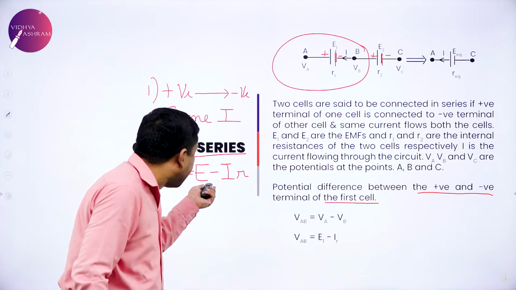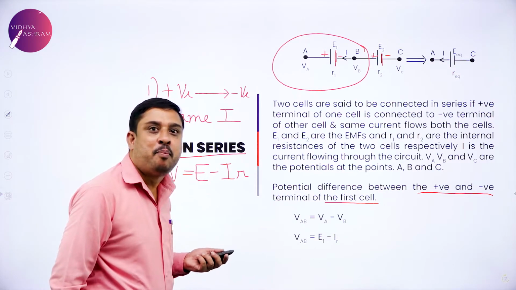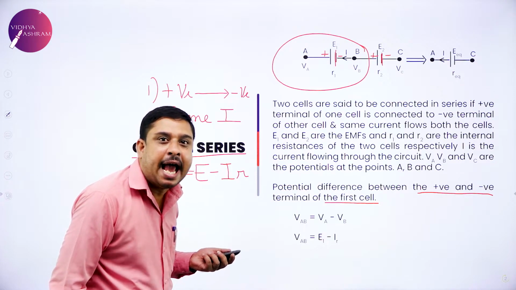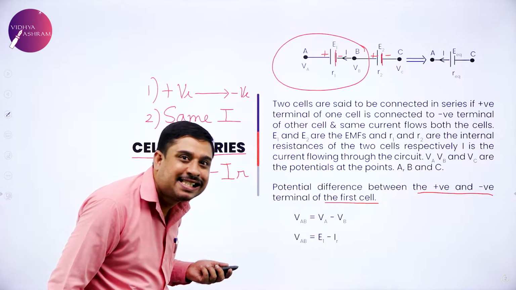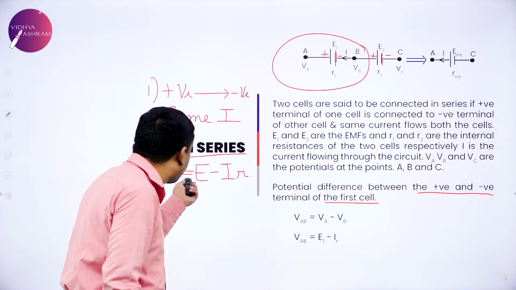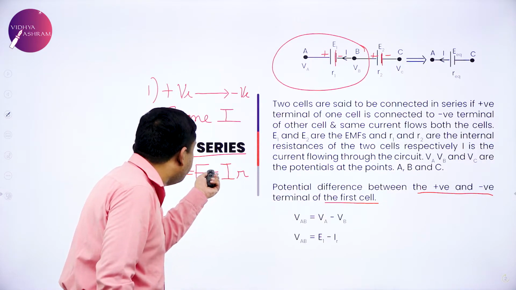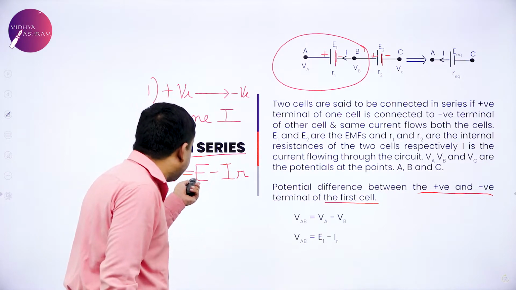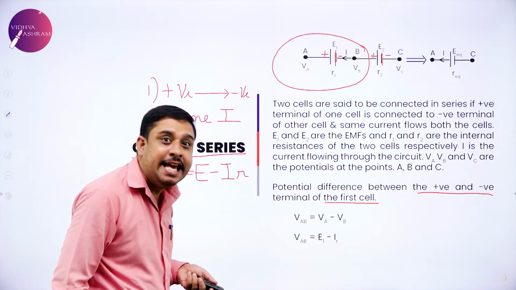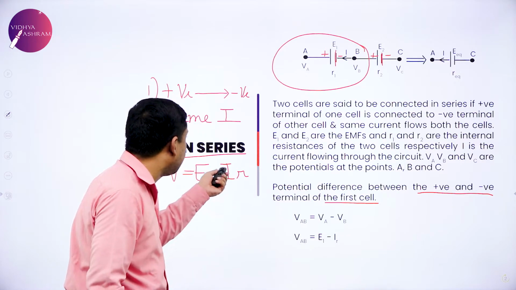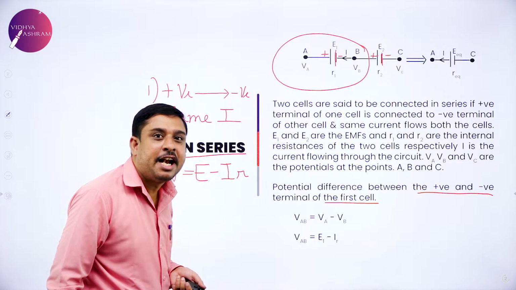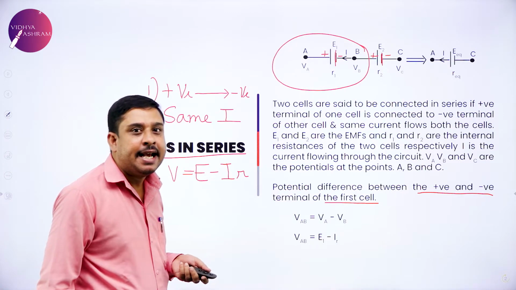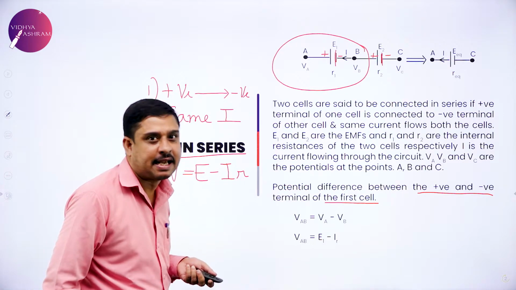This is the expression for the potential difference between the electrodes of a cell, where E is the EMF of the cell, I is the current flowing through the cell, and small r is the internal resistance.